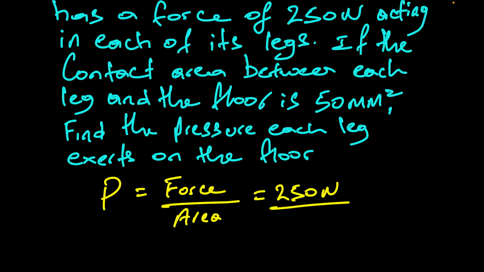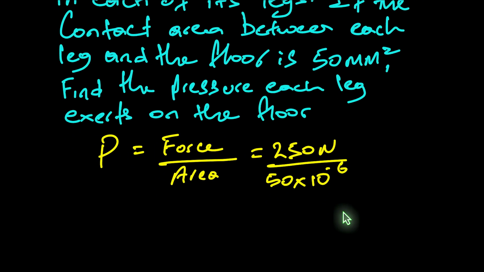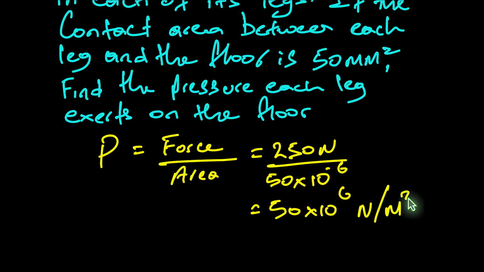So if we were to convert that into meters squared, we would just multiply by 10 to the power of -6 and we get our conversion. And when we divide our 250 newtons by our area, then we end up getting 50 times 10 to the power of 6. And in terms of units, this would be newtons per meter squared.